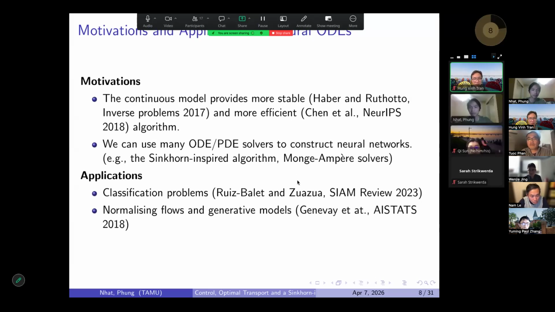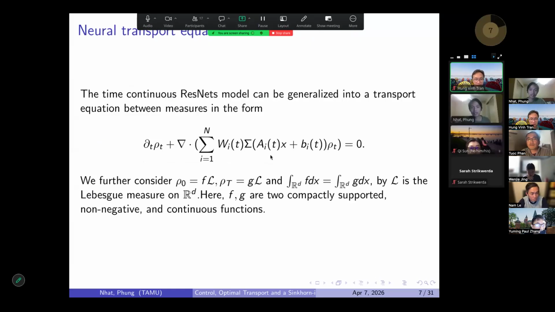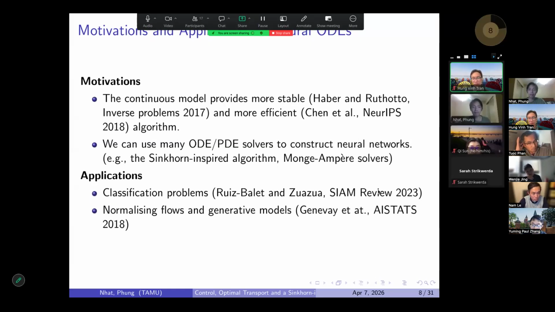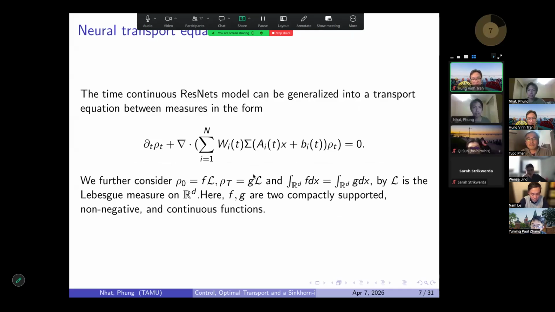Now, for the applications, I only list a little bit here. The first thing that we read is from Ding and Li, I think, in 2023. They work on classification problems. For classification problems, they work a little bit differently. They need the endpoint, and the end is a discrete setting.